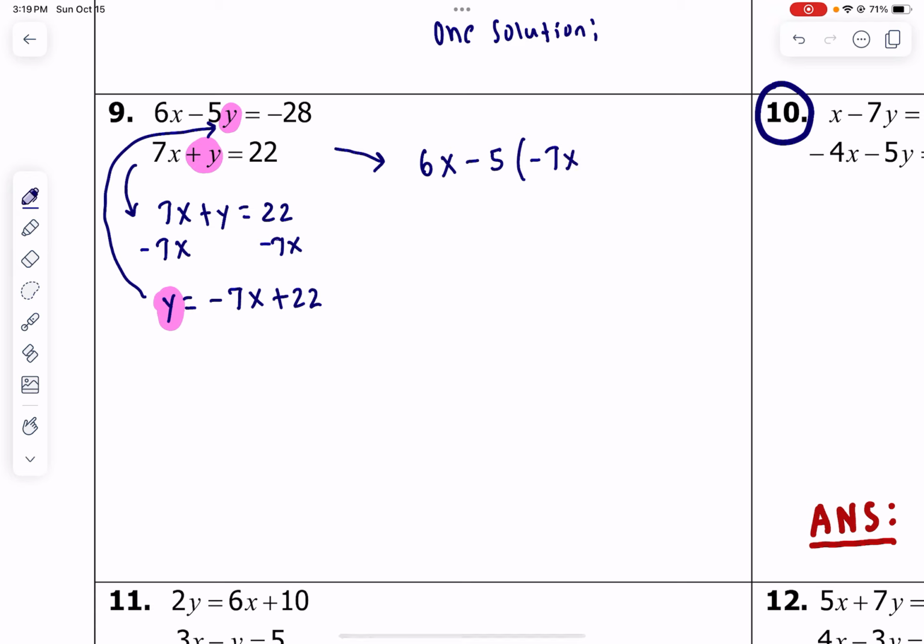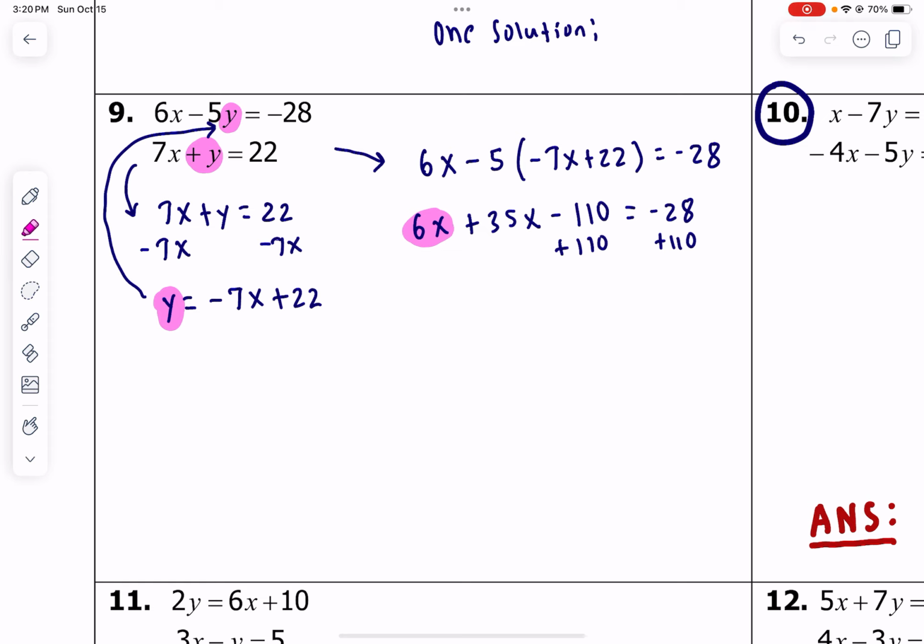So let's make that substitution. Equals negative 28. You get that 6x plus 35x. Negative 5 times 22 should be negative 110 equals negative 28. Combine like terms right here.